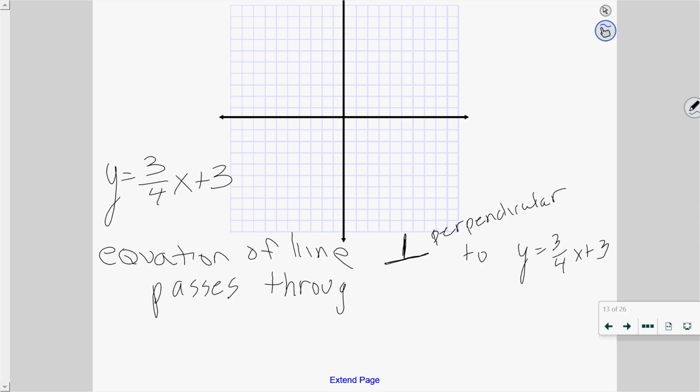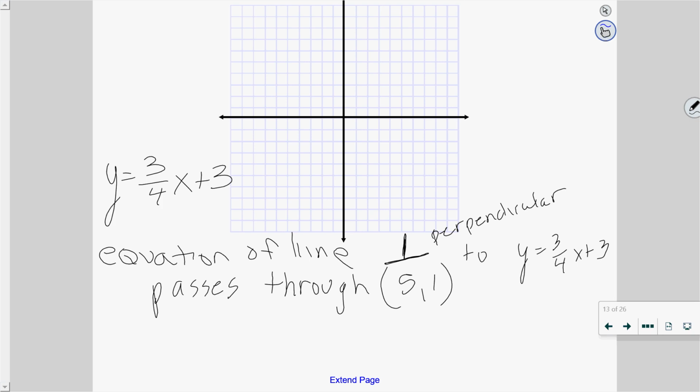(5, 1). I'm going to tell you, this one's going to have fractions, so you're going to want to write this one down, because you need to know how to deal with fractions. I could draw it if I want, but you don't have to.